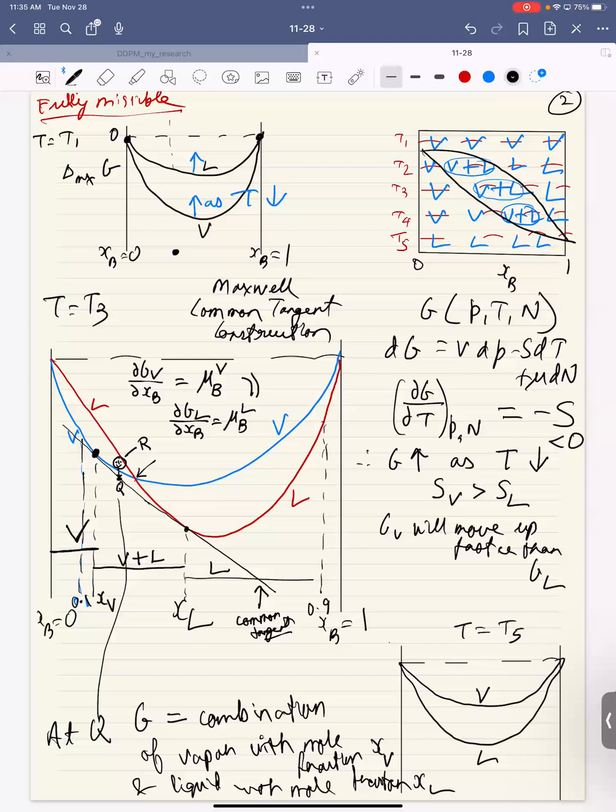Oh, yeah. I did something terribly wrong here. Is the bottom all liquid? Oops, sorry. Yeah, good spot. Well, I have to be careful in the phase diagram that I drew.